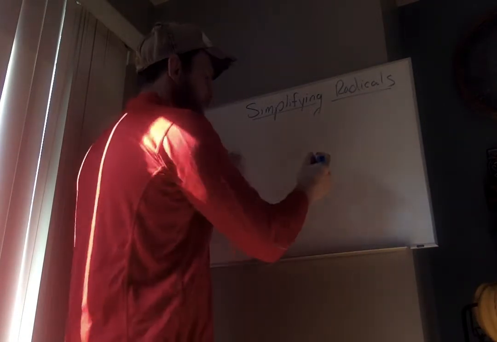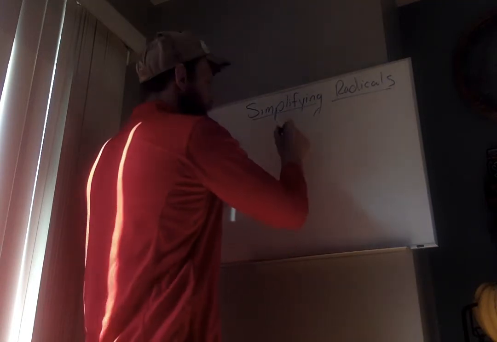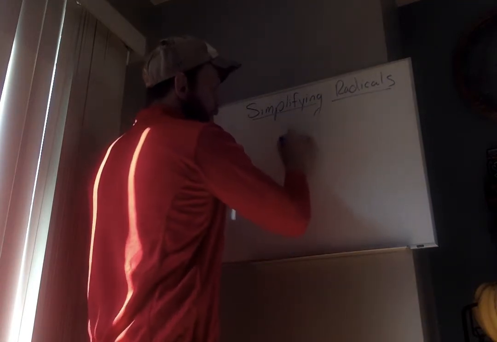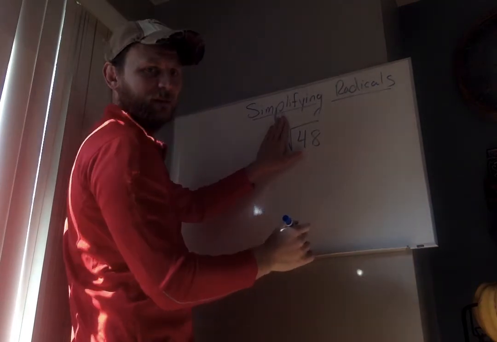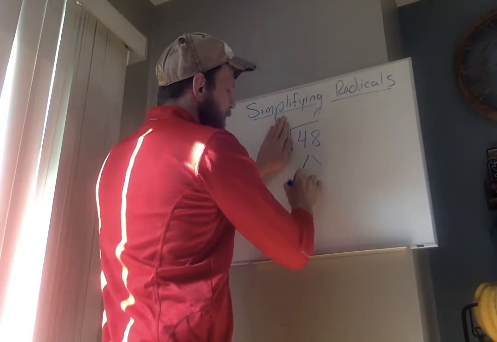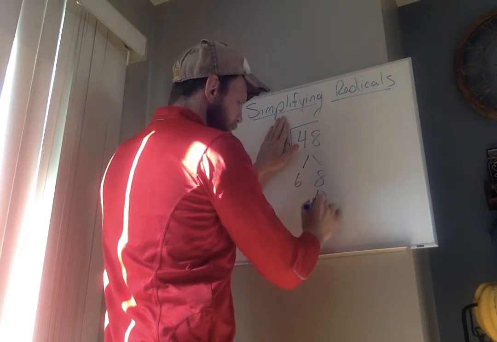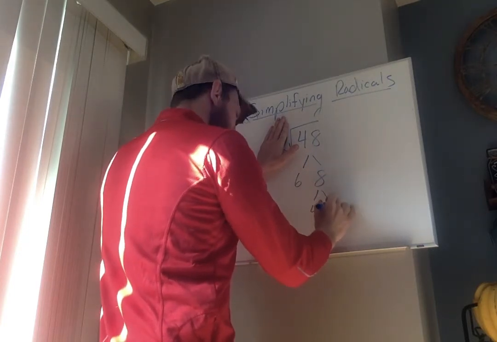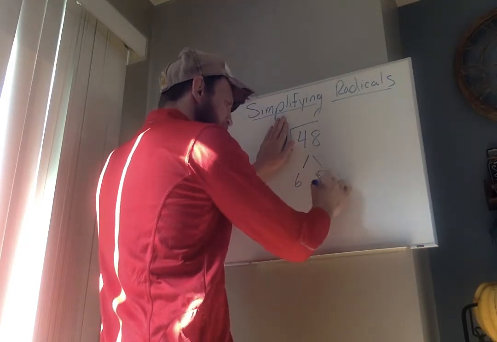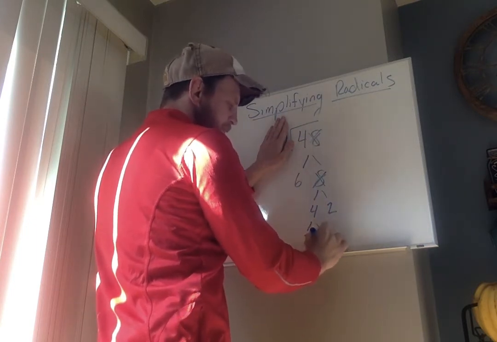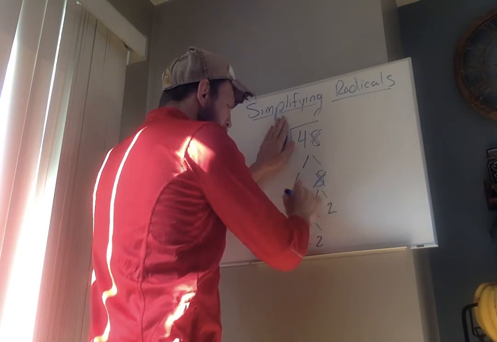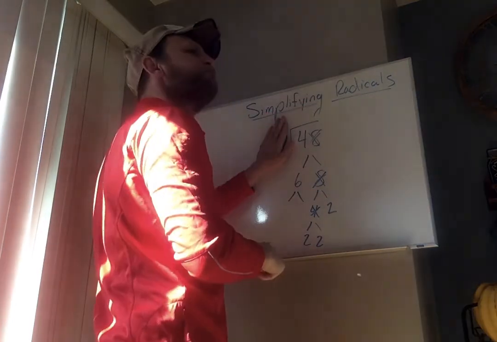All right, number 5, or the other number 5. 2 root 48. So let's cover this up. Let's break down 48. We did this earlier, 6 times 8. That 8 became 4 and 2, so that's going to be 2 and 2.